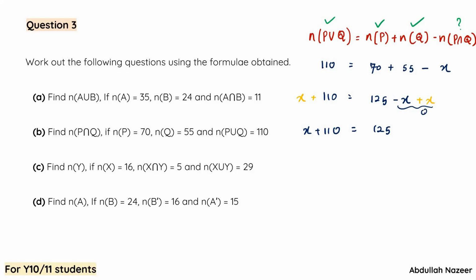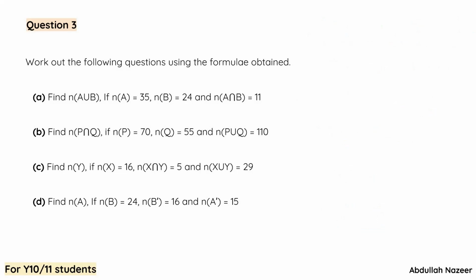If I subtract 110 from both sides, on the left hand side the 110 and minus 110 cancel each other, so there are no more numbers on the left hand side, and the right hand side is just 125 minus 110, that's just 15. So now we found that n(P intersection Q) is just 15, and that's the answer. So the number of elements inside the intersection set is 15.